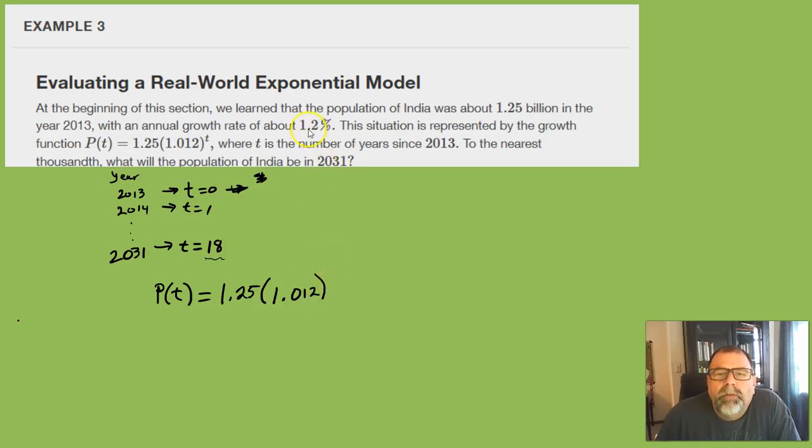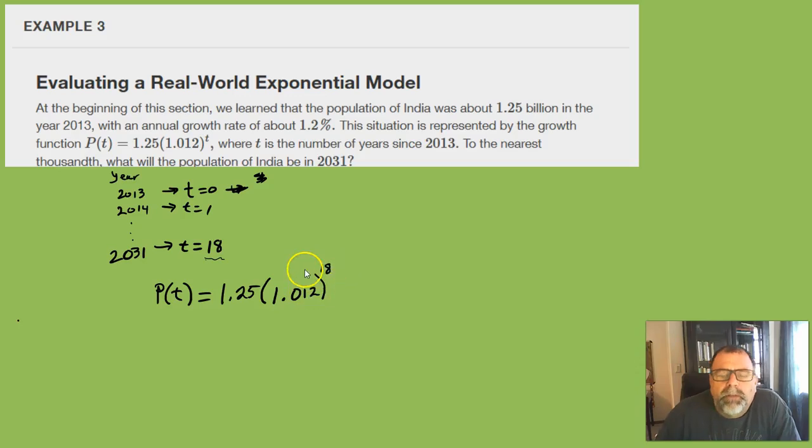So basically, if you write this as a decimal, move it 2 places to the right, and then you're going to do 1 plus the rate, which is 1.2%. So you get 1.012. That's where this number came from. Okay, t would be 18 years.